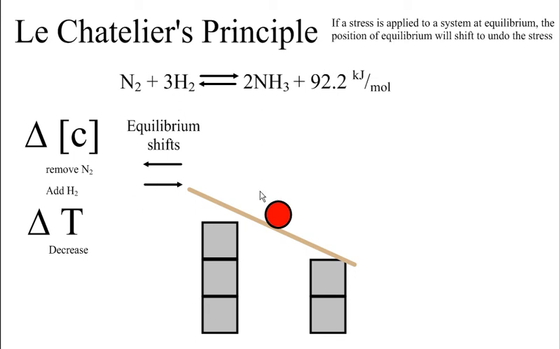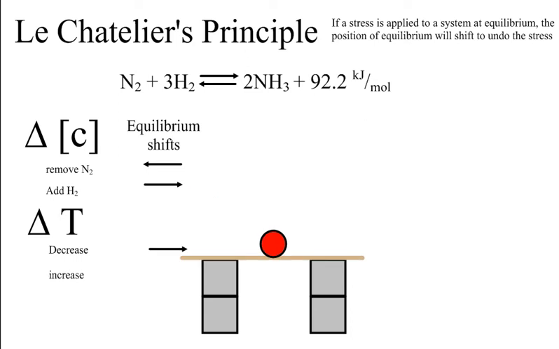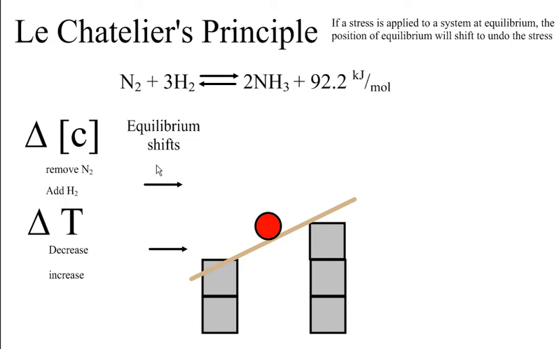So equilibrium will shift towards the production of products. On the flip side, if I heat this reaction up, it's going to add a cinder block to this side, which will cause our plank of wood to dip this way, so we will know that that's going to shift the reaction towards the reactant side.